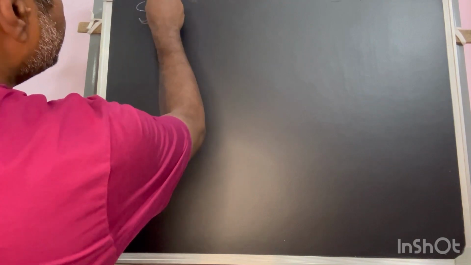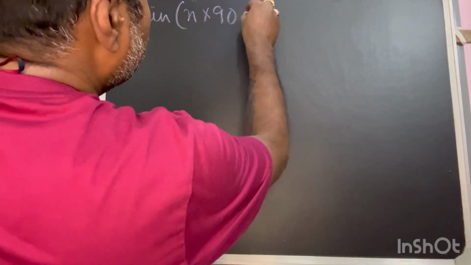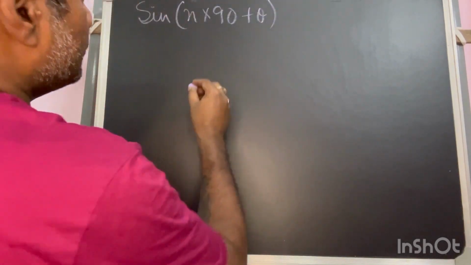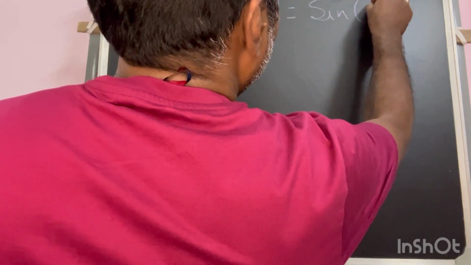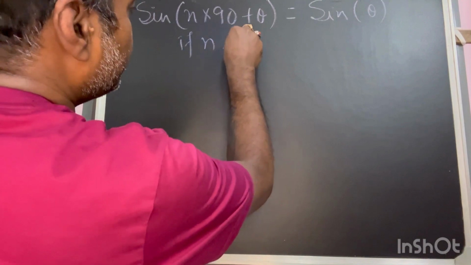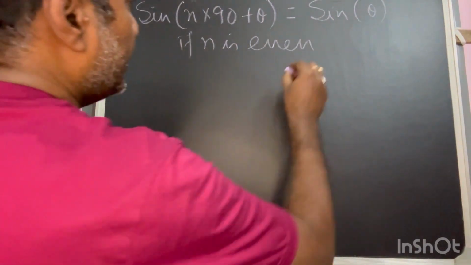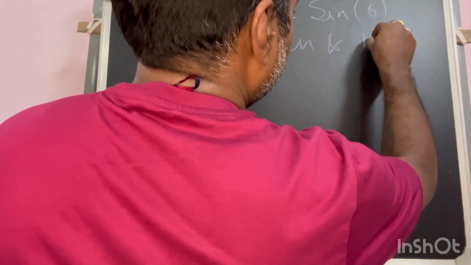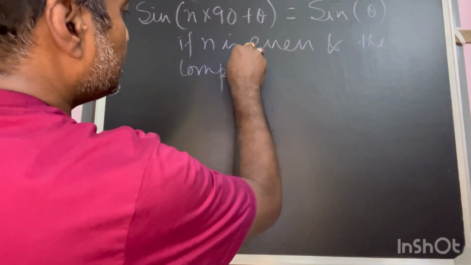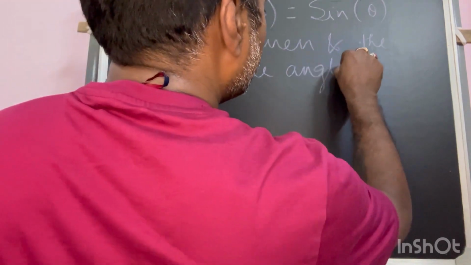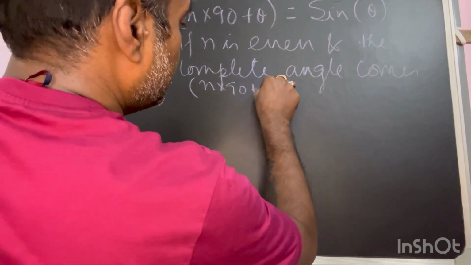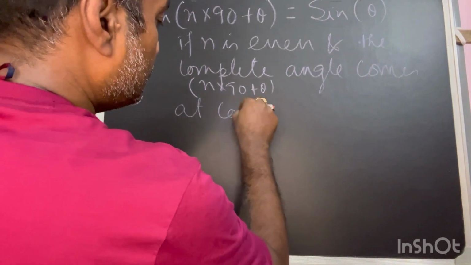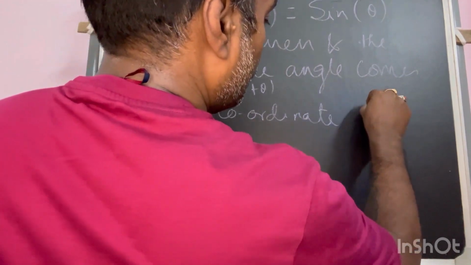And from there we came to know that sine of n into 90 plus theta has to be sine theta if n is even, and the complete angle, meaning the angle n into 90 plus theta, comes in coordinate 1 or 2.